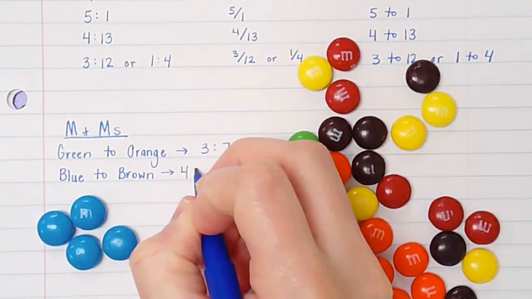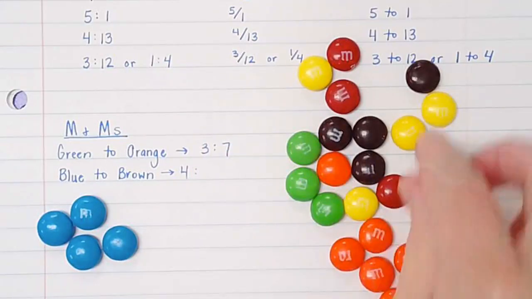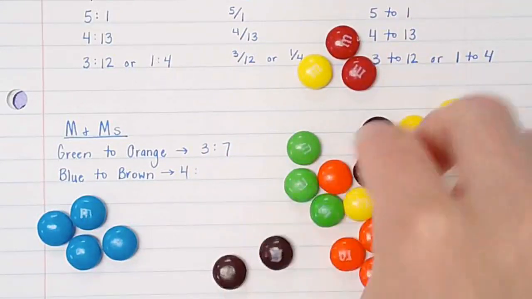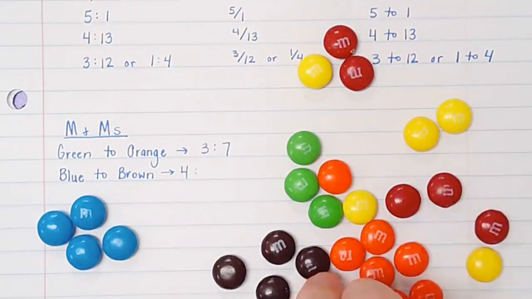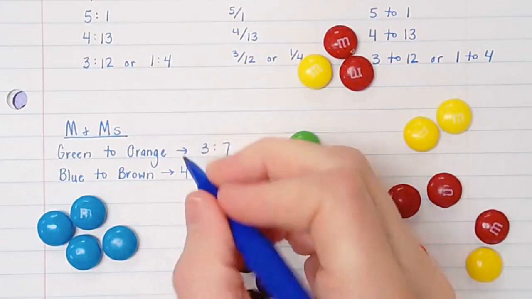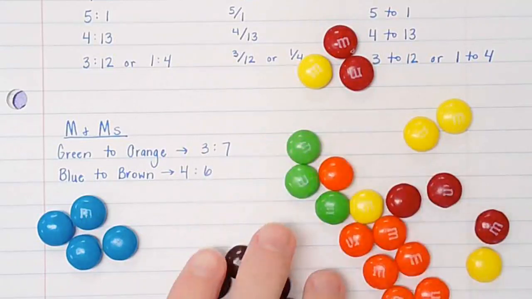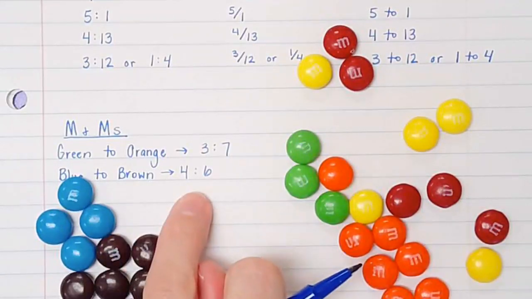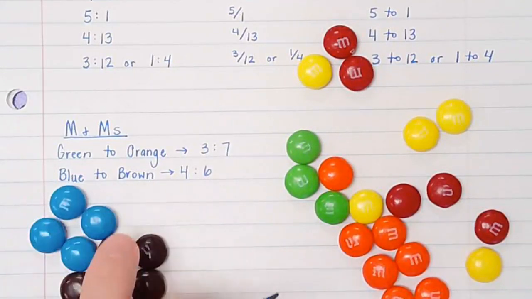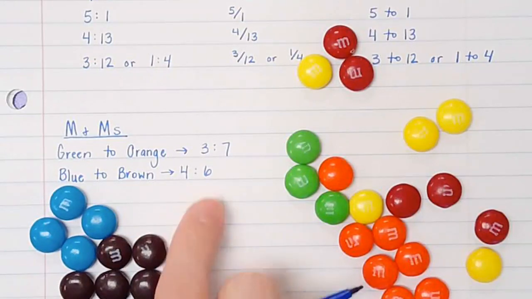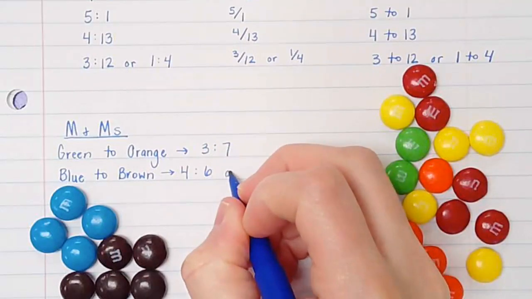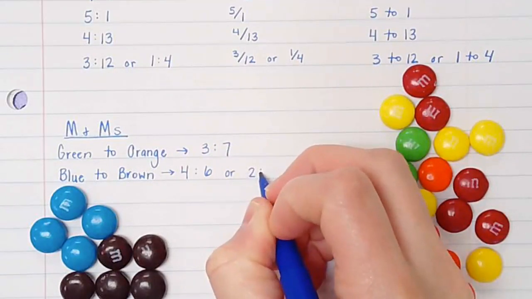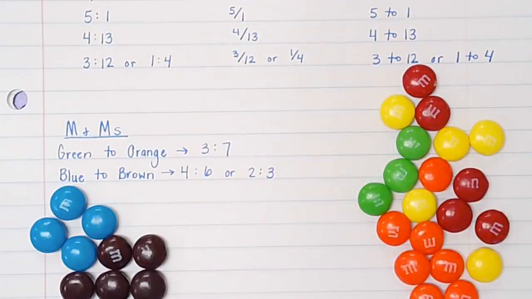Now they want brown: 1, 2, 3, 4, 5, 6. So 6 browns. If I did the ratio of blues to browns, it's going to be 4 to 6. But on the test, they might simplify that, so this could be written as 2 to 3. All I did was simplify it just like you would simplify a fraction.